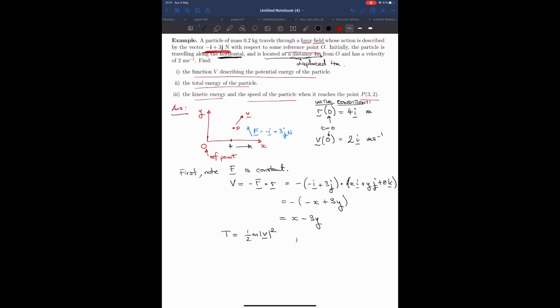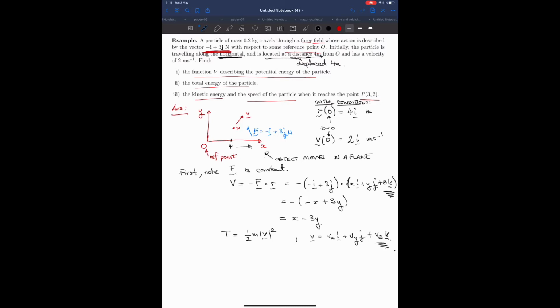v is vx i plus vy j plus vz k. Note also I drew this as a 2D problem, so the object moves in the plane. And this means that I don't have to worry about the components corresponding to k.